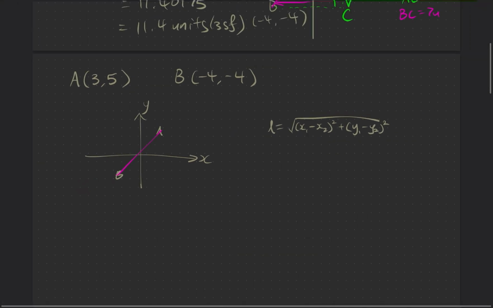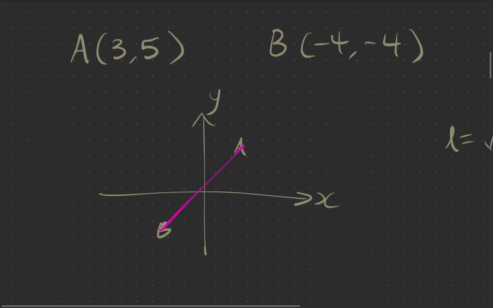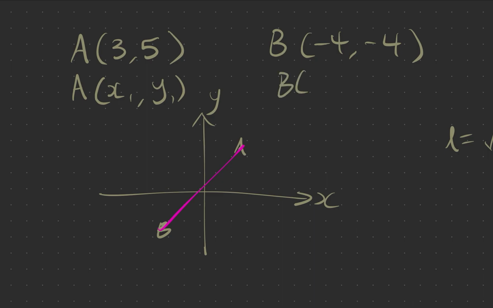That's your formula. Now I just want you to pretend that A's coordinates are x1 and y1, and B's coordinates are x2 and y2.